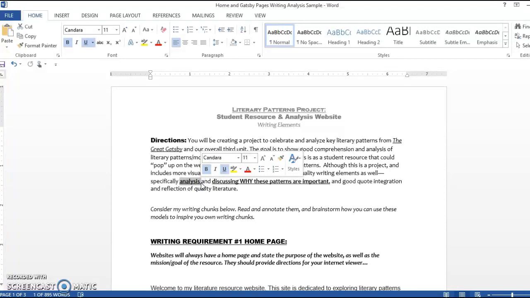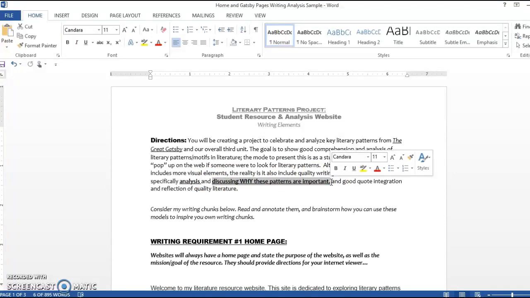Analysis also includes craft, and it includes the way something is put together. And you're also going to discuss why these patterns are important. Like, why would we need these patterns past this class? Why would we need them in classes like AP or college? Why would we need these patterns when you're at home watching TV or a movie? So those are all things to think about.